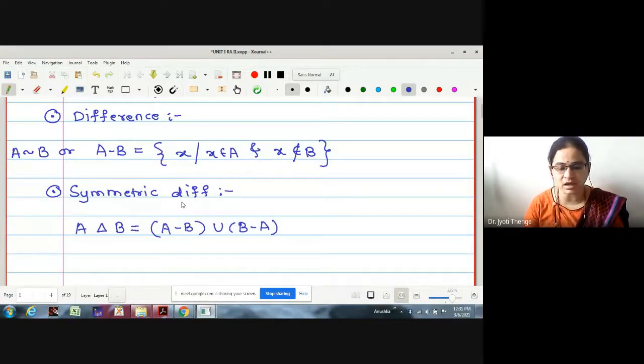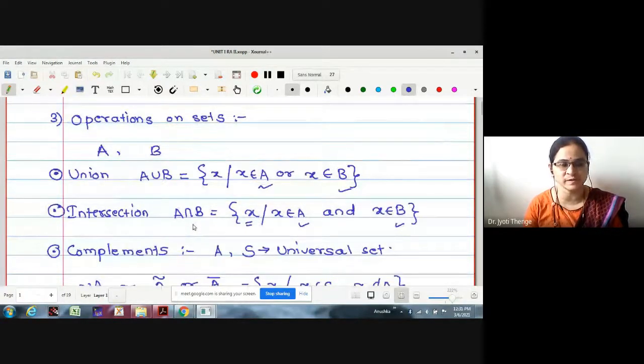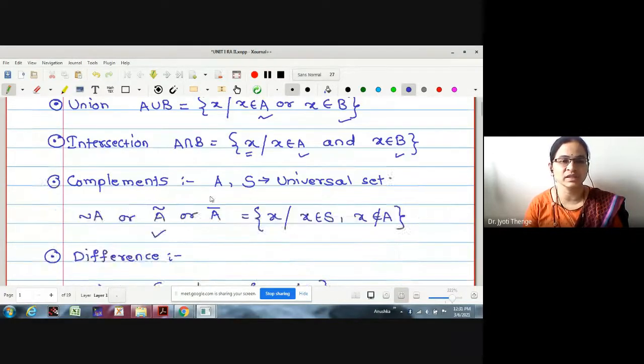This is called the symmetric difference between the two sets. These are some of the operations we look at on the given sets.